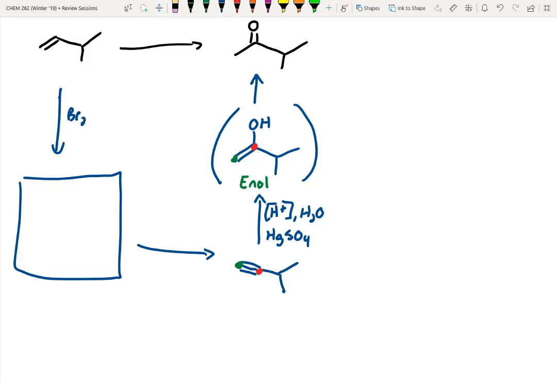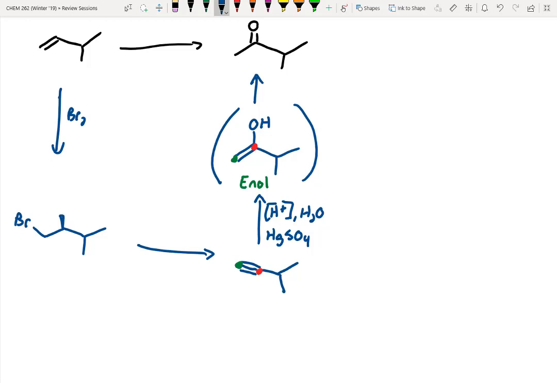So if you halogenate in your first step, you'll get 2 bromines to add across in an anti-orientation, although it doesn't really matter in this case. You'll get a mixture of enantiomers. And then how do we get to our alkyne? Yeah. Sodium amide in excess, so NaNH2 excess. And then step 2, because it is a terminal alkyne, is to just protonate at the end using a weak acid.